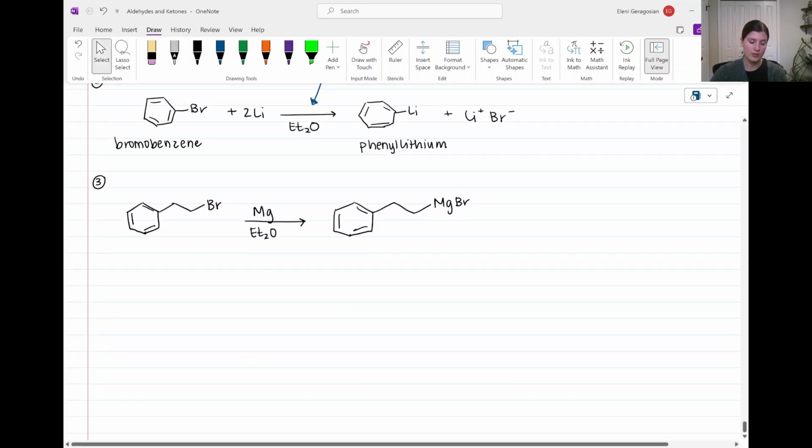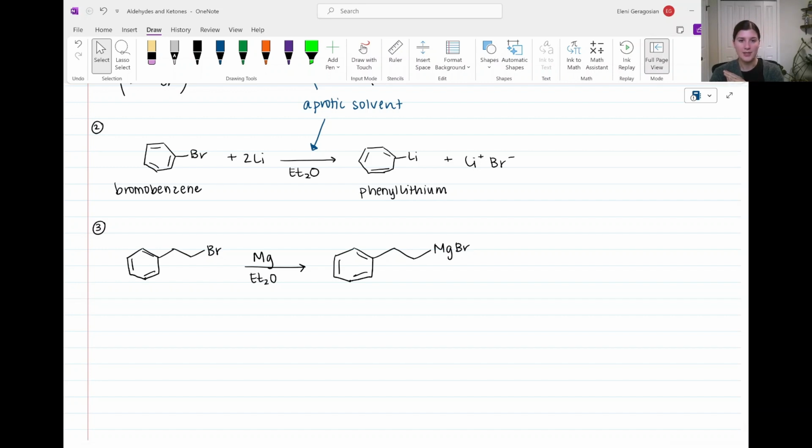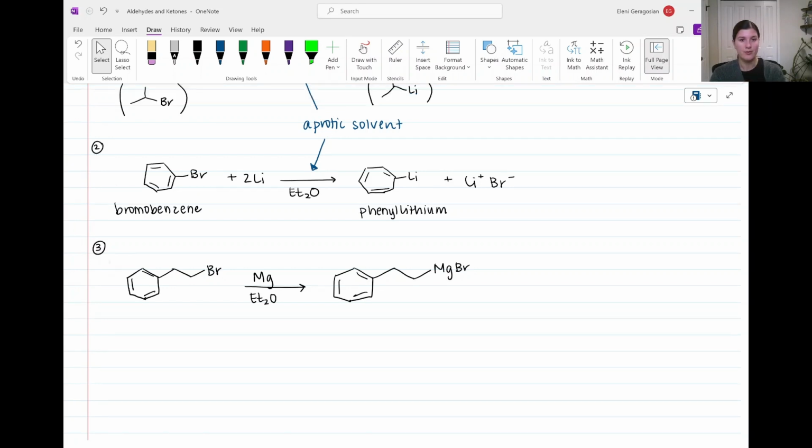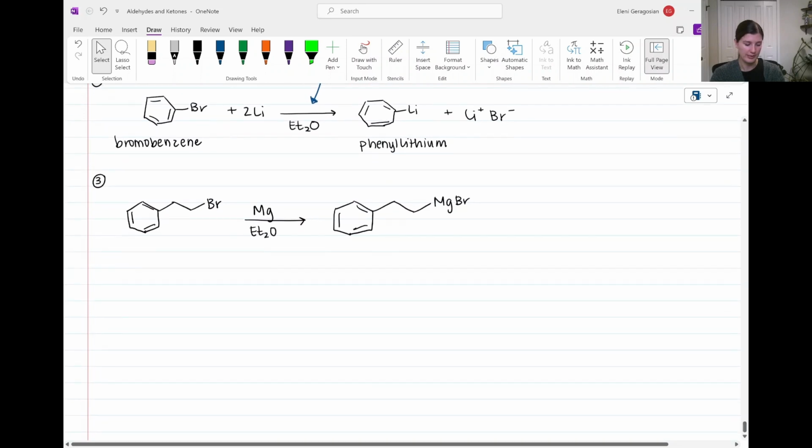Now let's do one example where we will generate the organometallic product. We'll add an aldehyde or ketone reagent, and we'll go through how to get our final product. So in all 3 of these examples, we've started with a bromine as a halogen. It could also be chlorine.